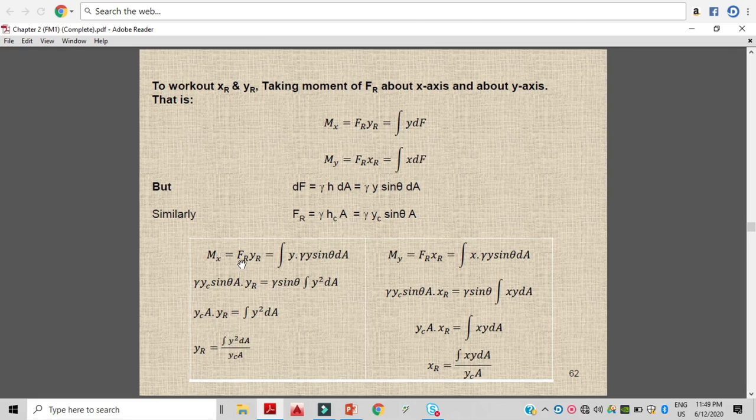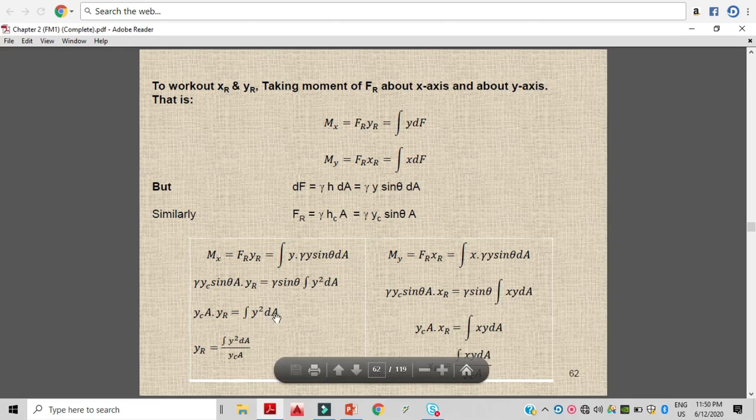So here we replace FR with gamma yc sine theta A. We replace this FR with this value multiplied by yR is equal to, here the gamma and sine theta are constant, and y and y will become y square into dA, and this will be integration over area A. Same thing here, we replace FR with this value, and it becomes like this, the gamma yc sine theta A into xR, and here also we replace dF with the above value, and gamma and sine theta are constant, so xy dA.